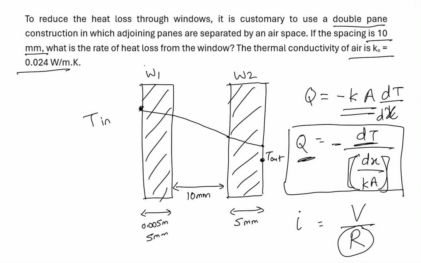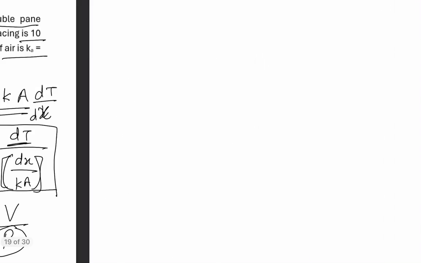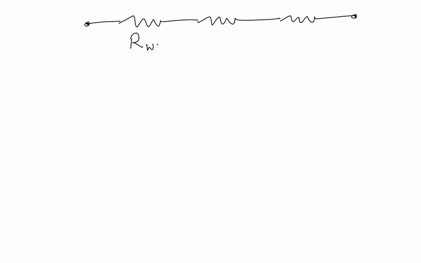So all these conduction processes are in series. Just like we do in electrical analogy, there are three resistances in series. We will call this the thermal resistance for window 1, this the thermal resistance for air, and this the thermal resistance for window 2.